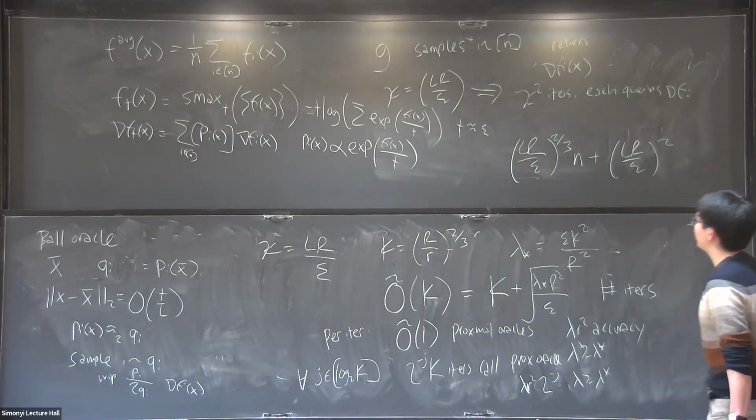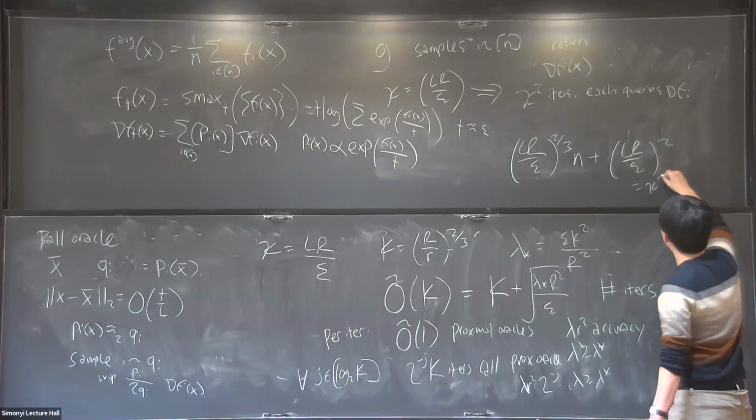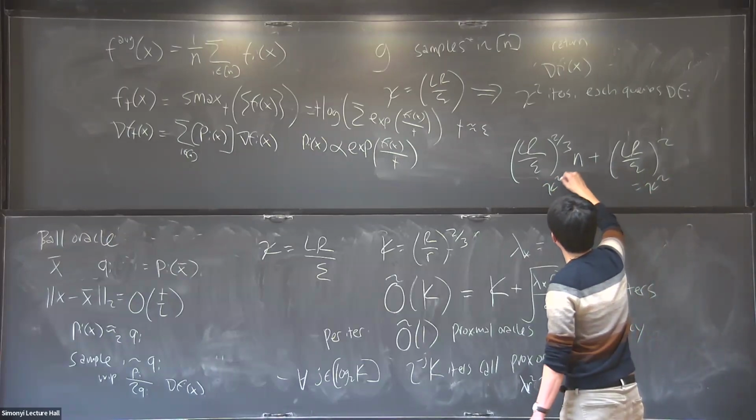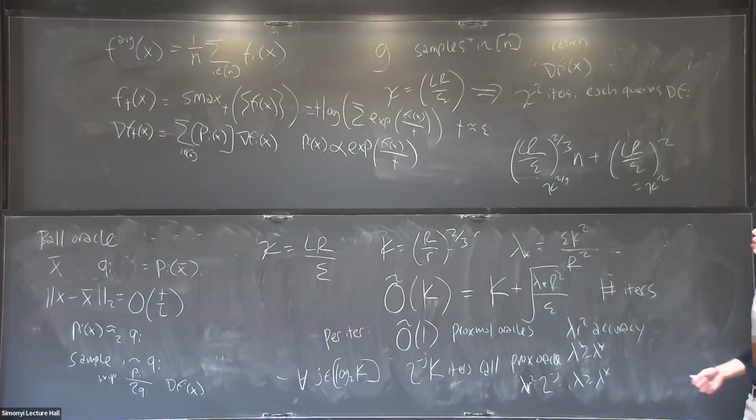So the punchline is that for small enough values of n, this is kappa squared, and this is n times kappa to the 2/3, right? For small enough values of n, minimizing the maximum function is no harder asymptotically than minimizing the average, because you have this ball acceleration trick.